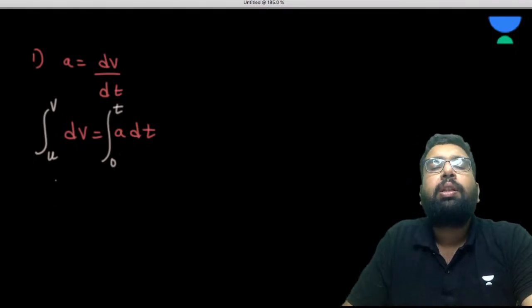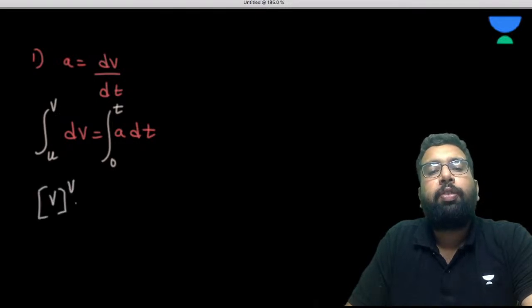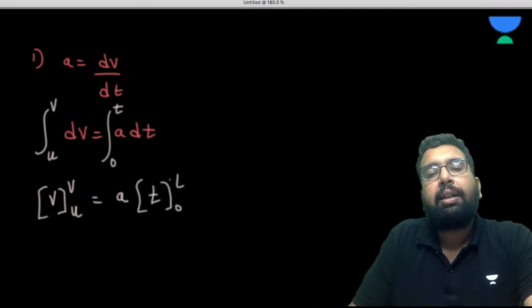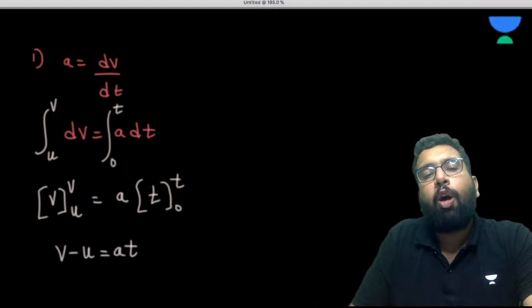The integration of 1 is v, and with limits it becomes v minus u. And a is constant, so integrating 1 gives t, with limits 0 to t. So v minus u is equal to at, or v is equal to u plus at, isn't it?